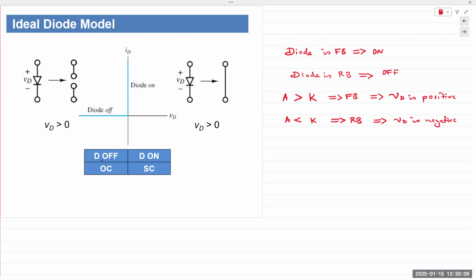For an ideal diode, meaning it doesn't require any external potential, as soon as it crosses zero, it conducts and it's replaced with a short circuit.